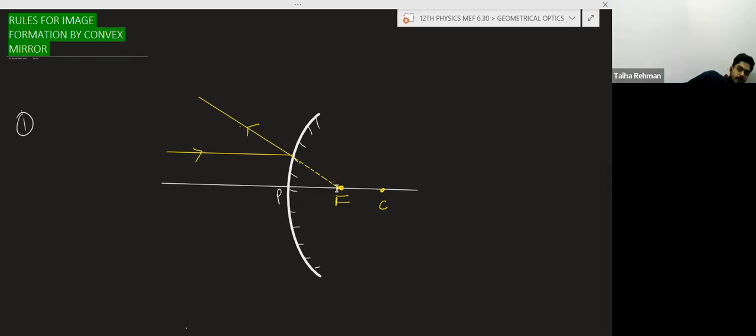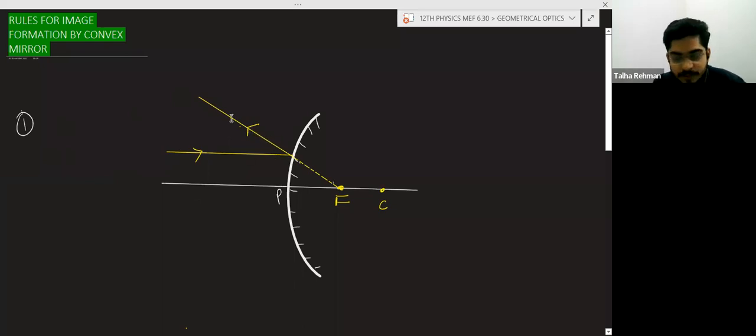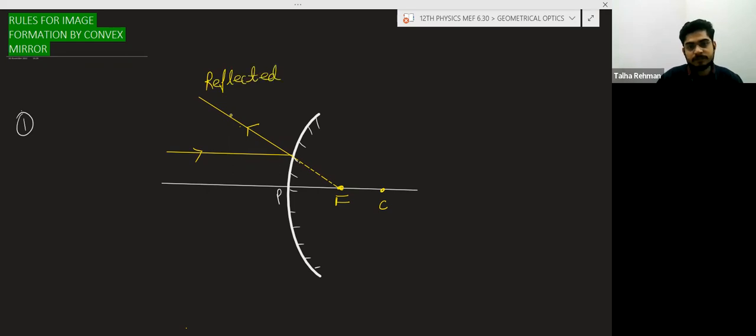So what can you say? It is appearing that the reflected ray... the ray which is coming towards the mirror is the incident ray, and the ray which is going away from the mirror is the reflected ray. This is the reflected ray, and which ray is this?